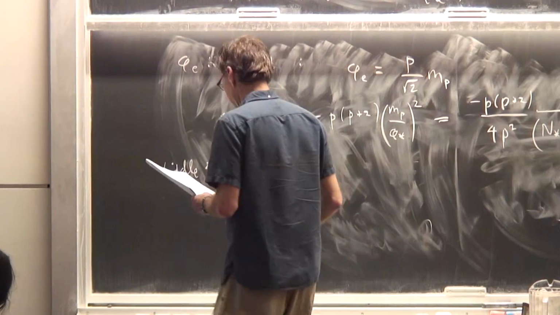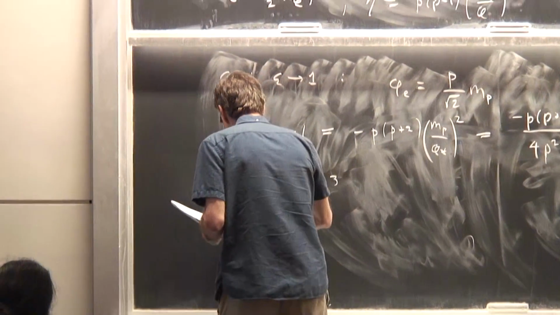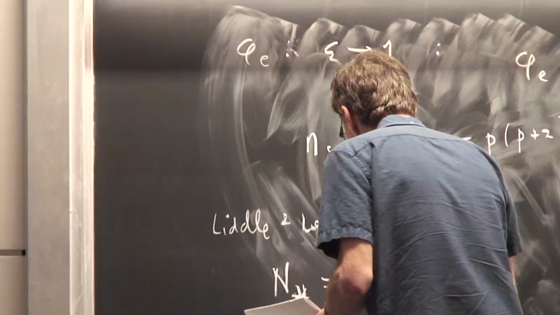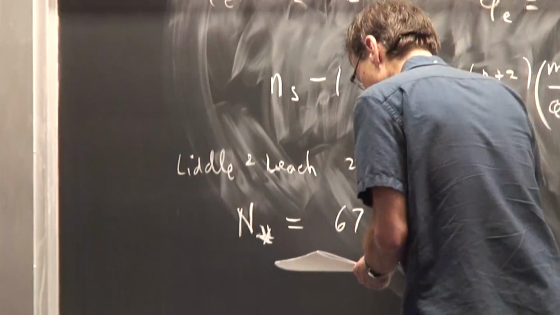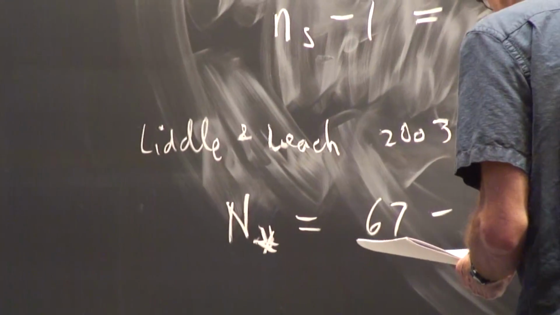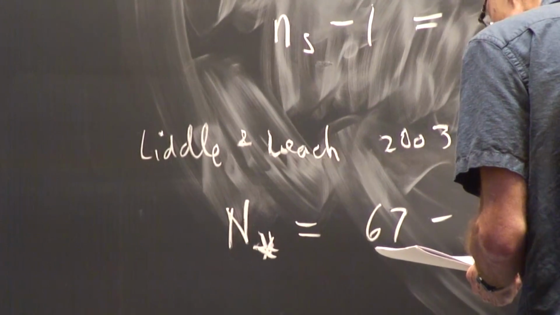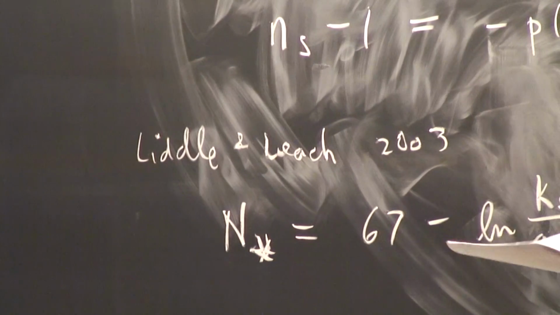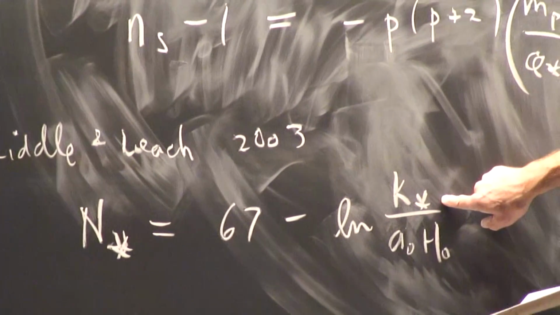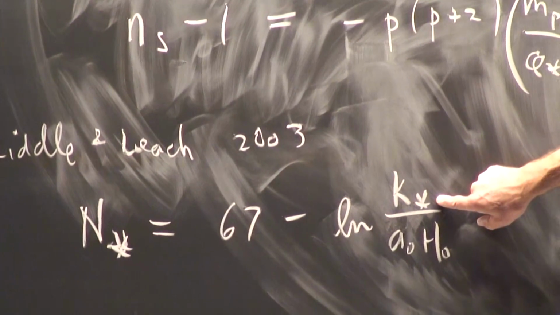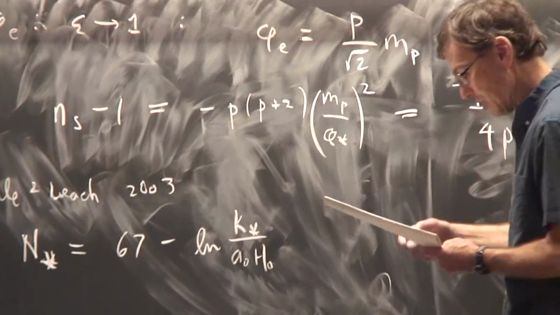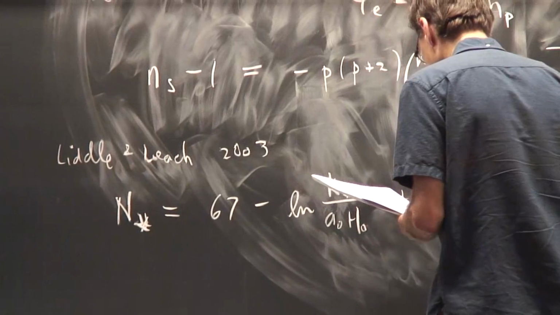So it's too involved to go into the details here, and I'll just show you the result. So 67 minus log k star over a naught H naught. Okay, so that tells you how the choice of k star by the experimentalists will influence what number you put in here. But there's more.